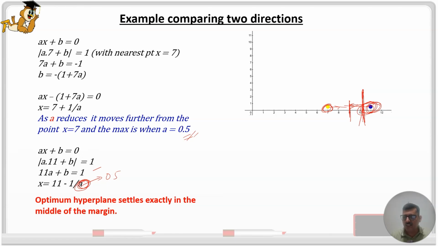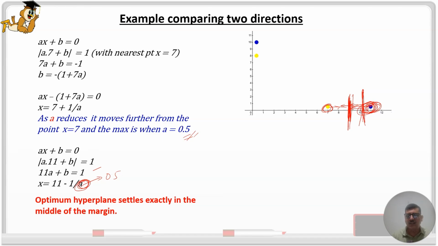Similarly, if I began with x equal to 11, when I reach a equal to 0.5, I cannot reduce a further beyond that, because then x equal to 11 would no longer be my closest point. So you see how it works, right? You have to look at the closest point, which differs for every hyperplane. Okay? And that is why the optimum hyperplane in this case is going to settle right in the middle of these 2 points.